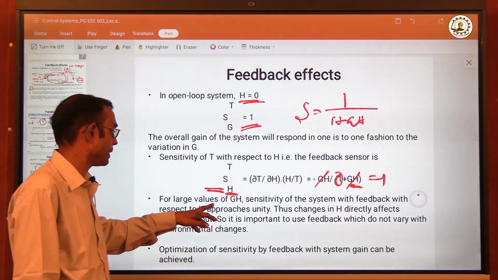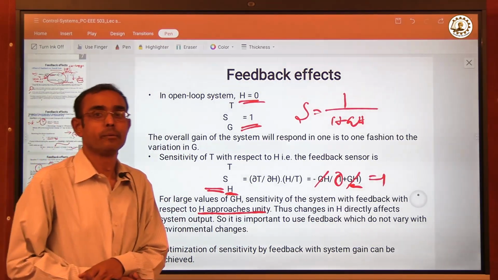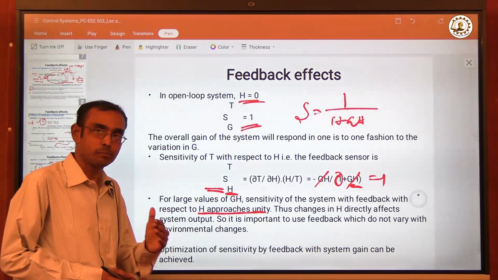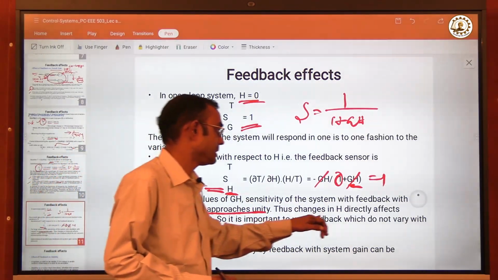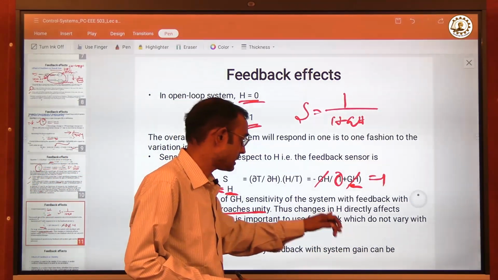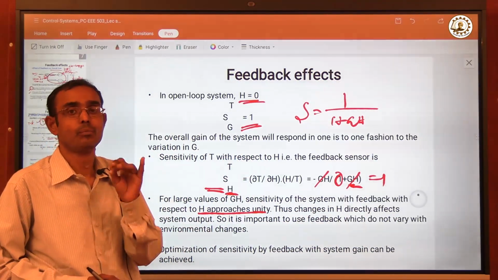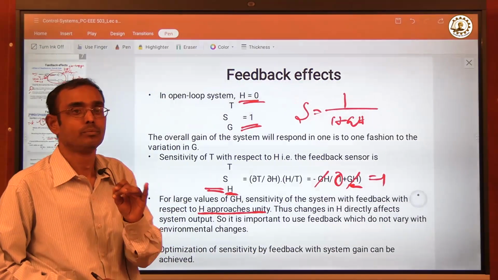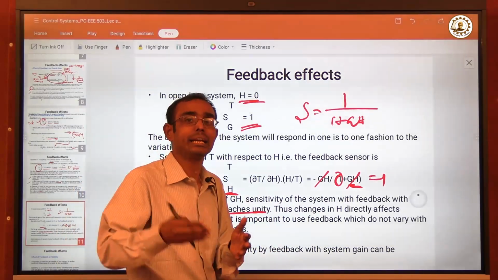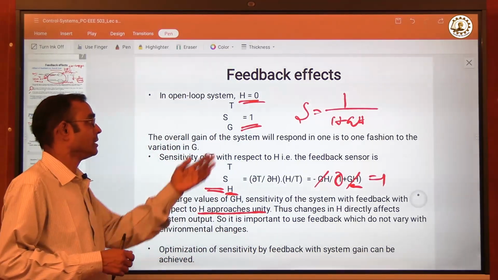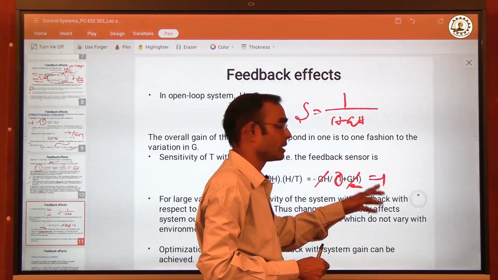So for large values of gh, the sensitivity of the system with respect to the feedback path gain approaches unity. What does it mean? Changes in h directly affect the system output. That is far worse and far more dangerous for the system, because it directly affects the system response, while in the case of g it was 1 by 1 plus gh, but here it is 1.